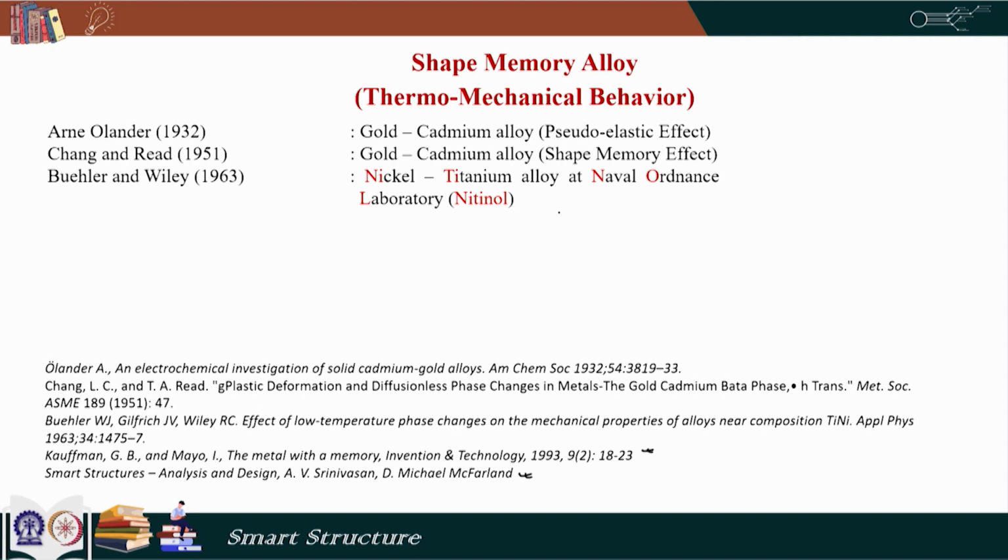So, out of around 60 materials, he sorted out 12 materials and tested it, and out of those 12 he found that an alloy of nickel and titanium shows good impact resistance as well as good fatigue property also.